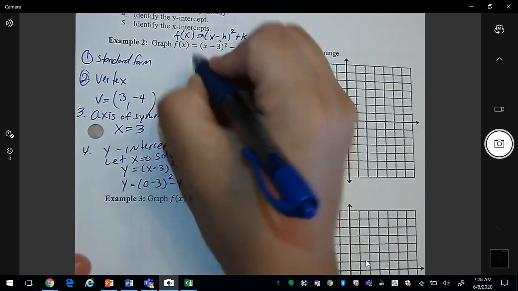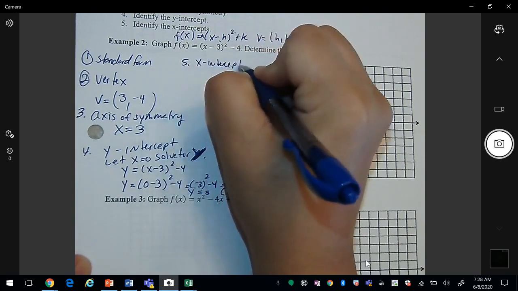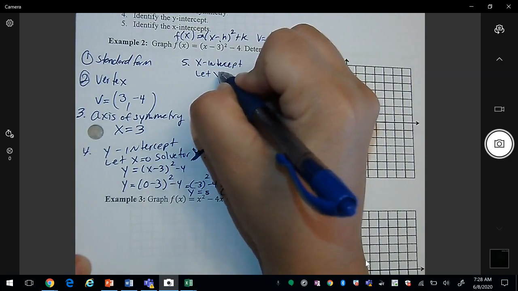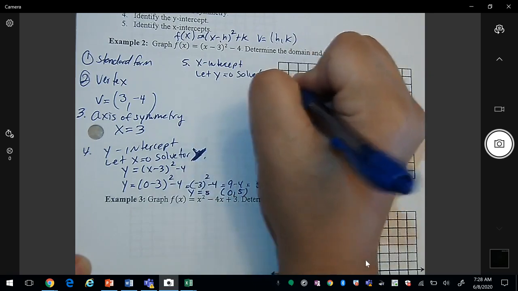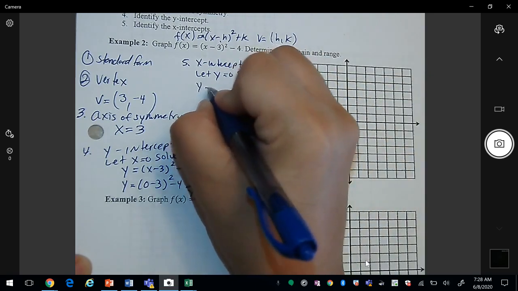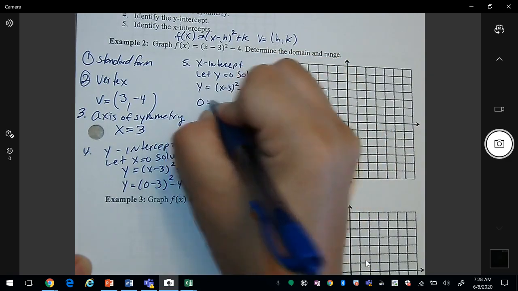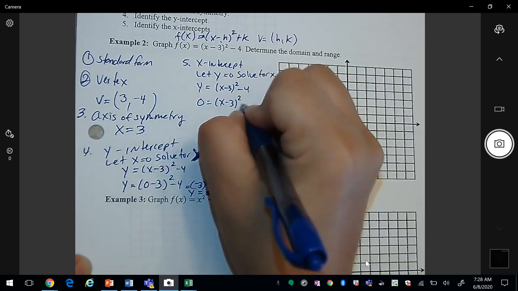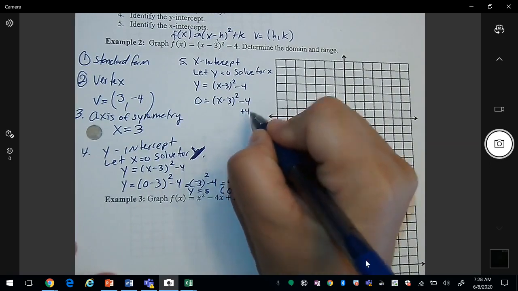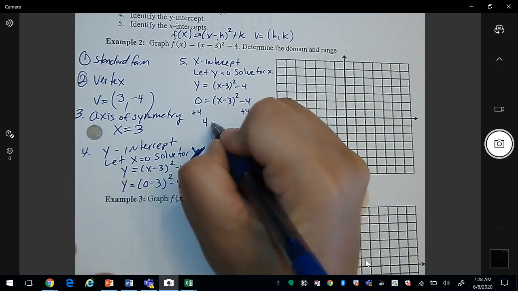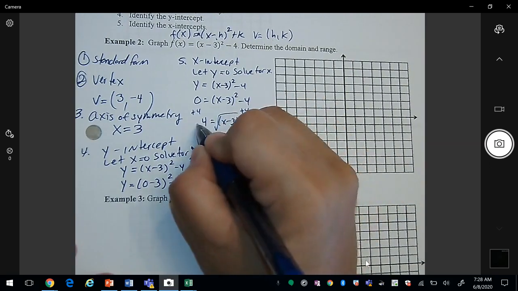Okay, and then the last one, number 5, is the x-intercept. So for this one, we let y equals 0 and solve for x. So here I can add 4 on both sides. And I can take the square root.